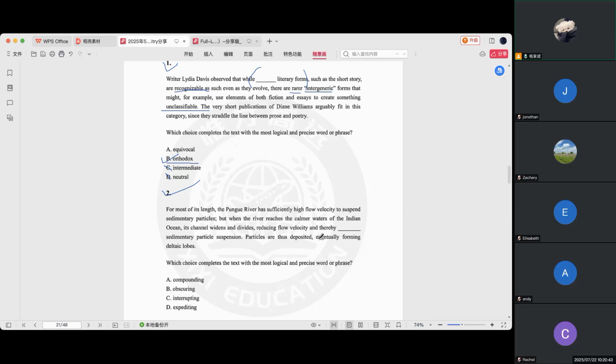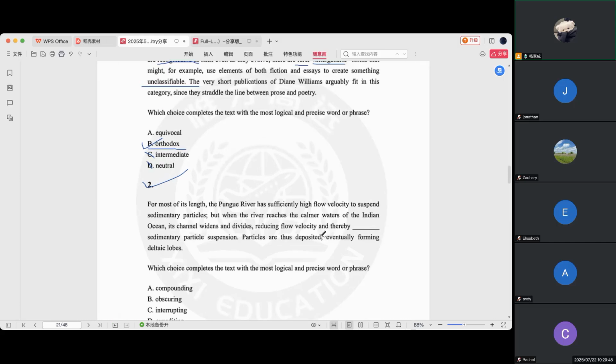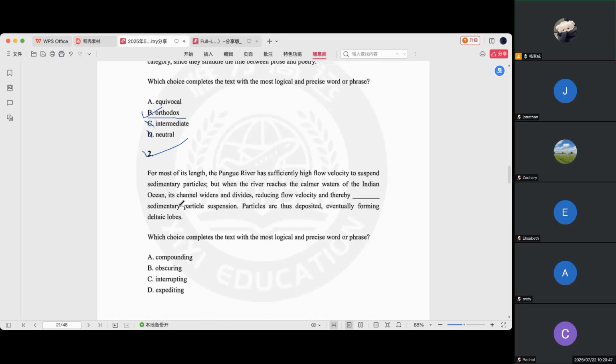And for the second one, I think the logic is even more clear, because here it says that the channel widens and divides, and it reduces flow velocity, and then what sedimentary particle suspension. If there's particle suspension, then they're gonna stay in the flow, and they will never deposit.